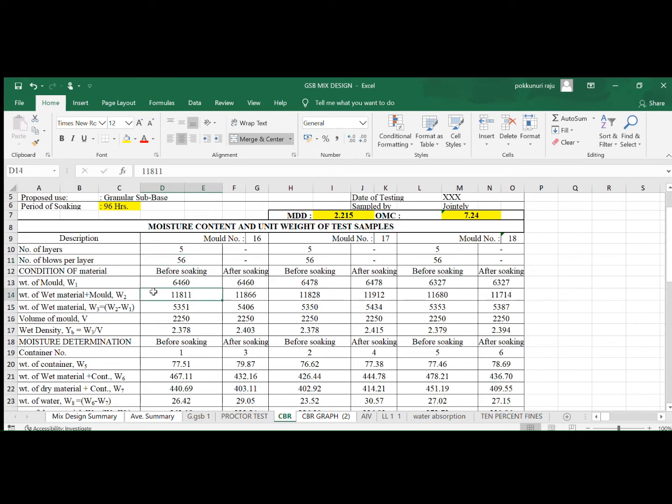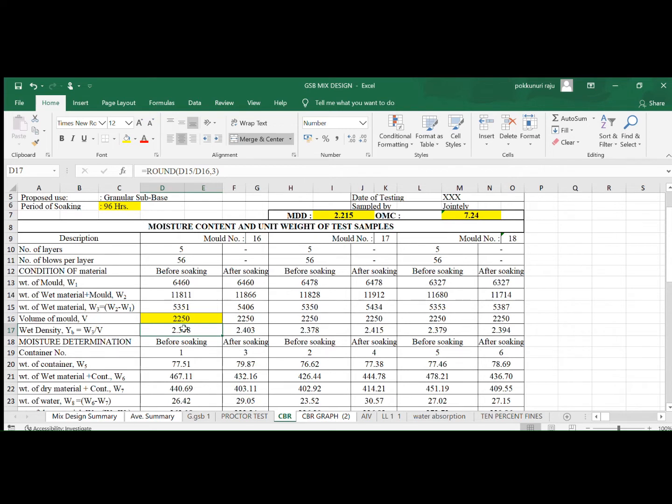The condition of the material before the soaking is noted down, like weight of the mold, weight of the wet material plus mold, and weight of the wet material itself, which is the difference between these two. The volume of the mold is 2250, since we have taken a 150 dia mold. Then you have to calculate the wet density of the samples.